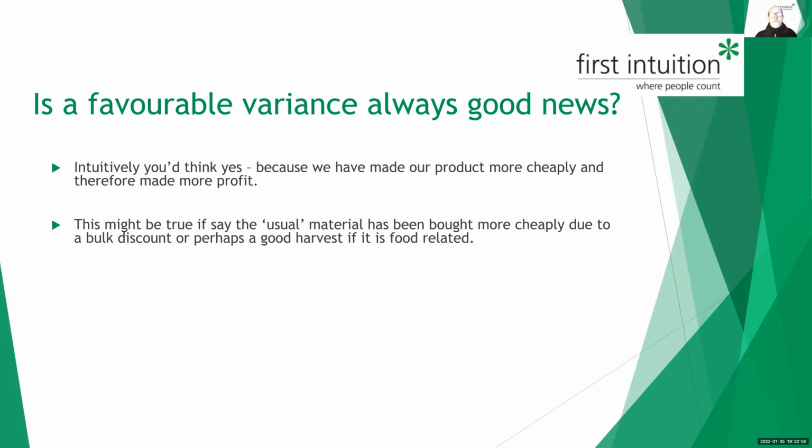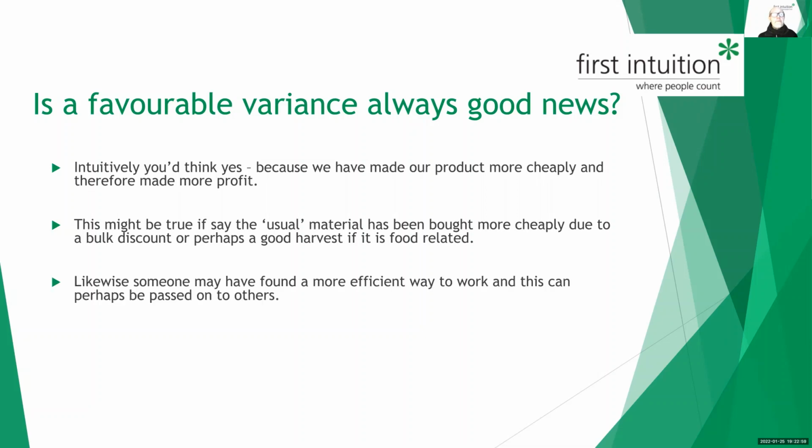If it's food related, there might be a really good harvest. So if there's a perfectly good reason, then yeah, it's going to be good news. With labour, somebody might have found a way of working more efficiently. They're not wasting as much time. So that's something that maybe you could pass on to other people. So it is possible.